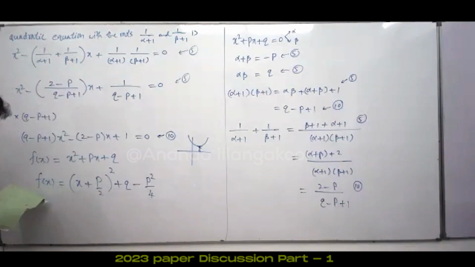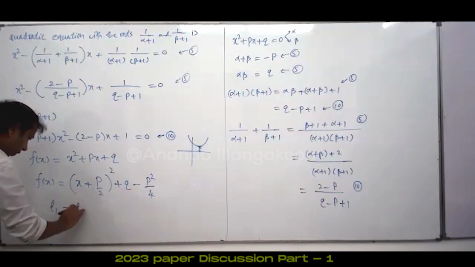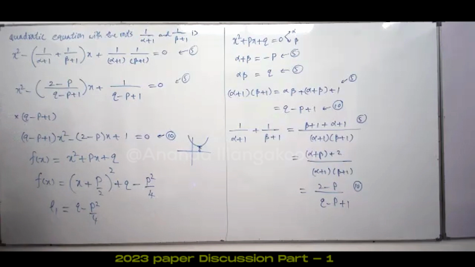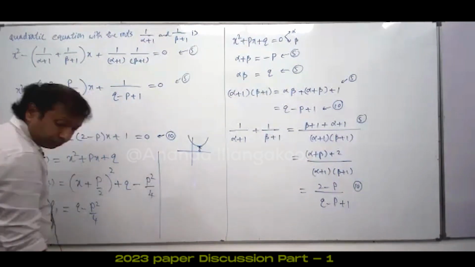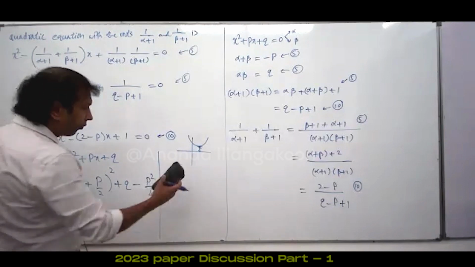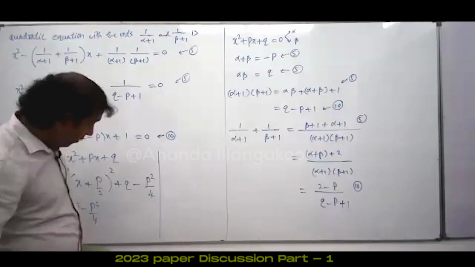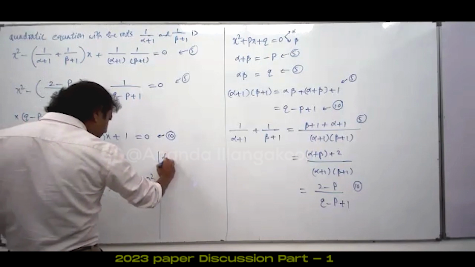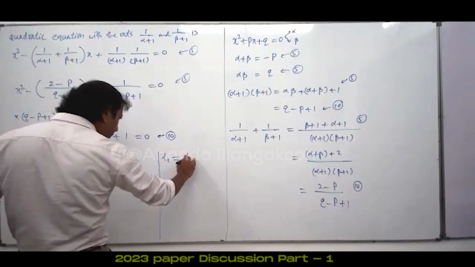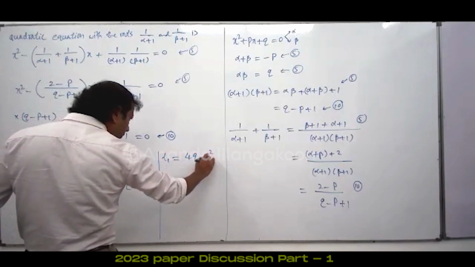Therefore, you can write L1 is this, q minus p squared by 4. We can simplify this. L1 is 4q minus p squared by 4.